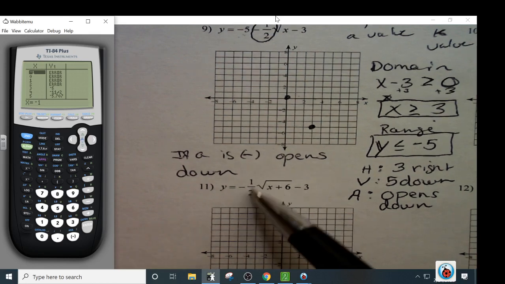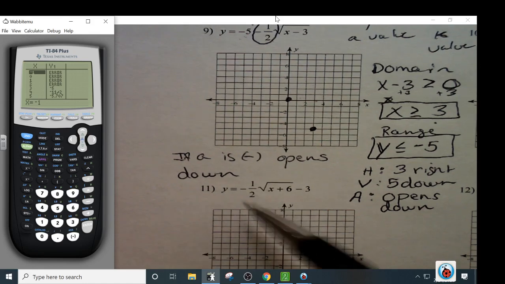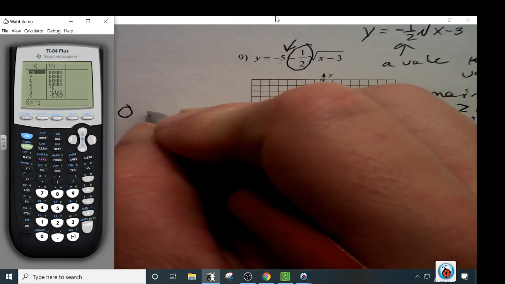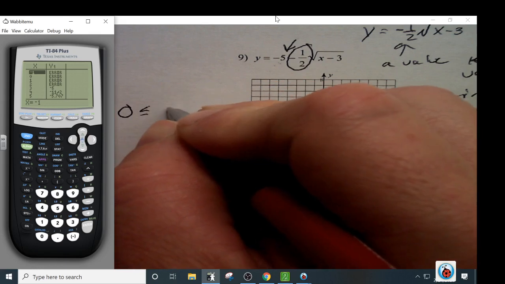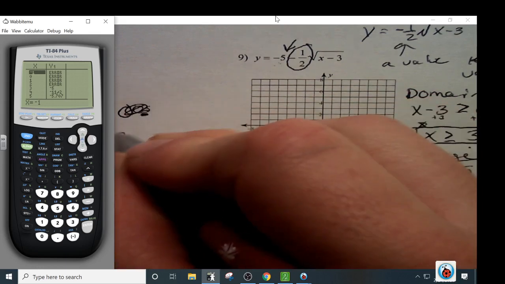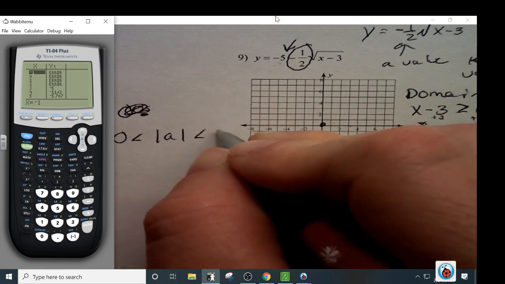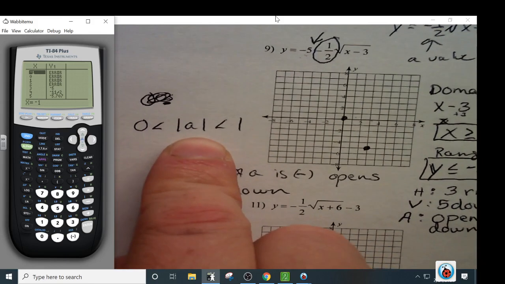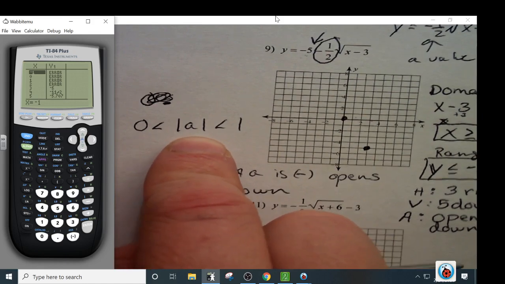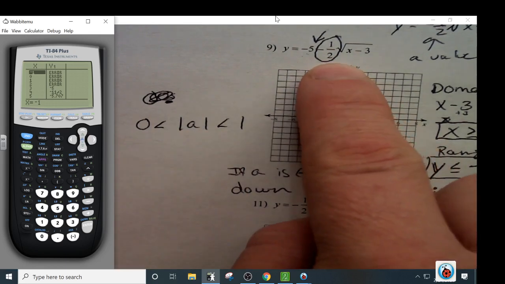Now, guys, notice this is a fraction, right? Now, on your paper somewhere, write this down. Guys, what do these little bars mean? Absolute value. So that means if a negative is a positive, its positive is positive, right? So the absolute value of A, which is -1/2.